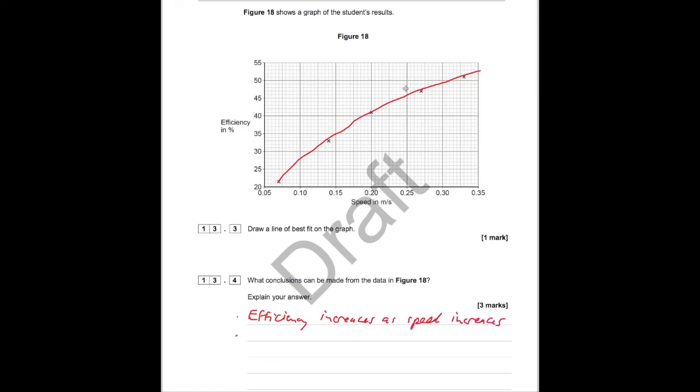It looks like there's going to be a speed limit. So there'll be a point at which the efficiency is not going to get any bigger. And I guess no efficiency can be more than 100%.